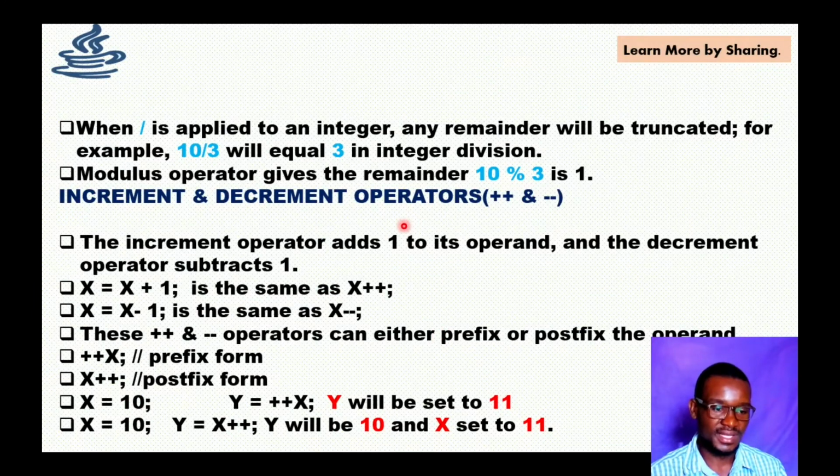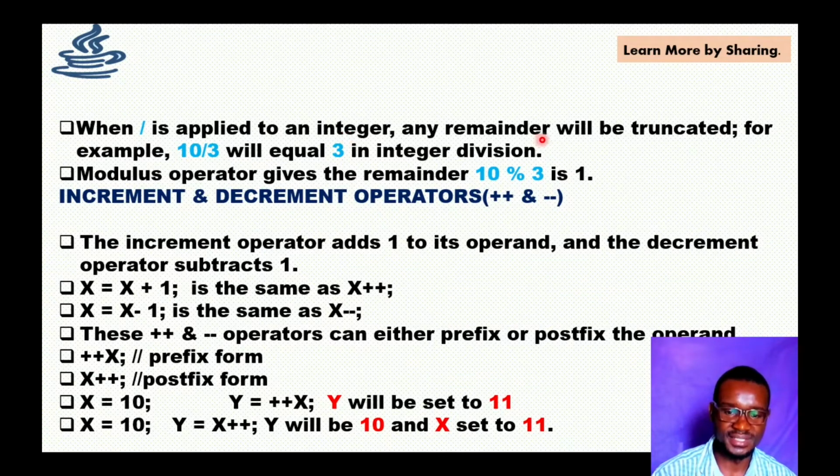So let's look at these operators. The forward slash, for example, is applied to integers. If we have a remainder that comes out of that division, it will be truncated, meaning it will be destroyed; it won't come out as part of that evaluation.